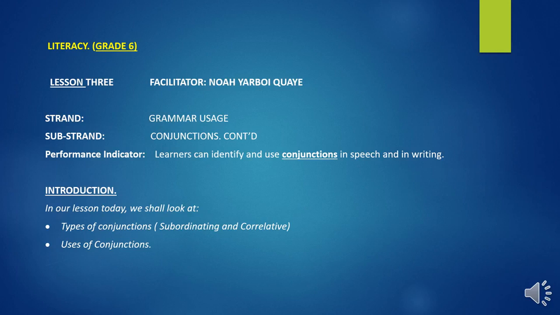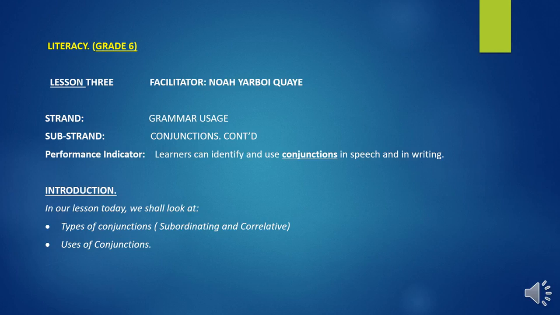Another example is: The teacher came to school, but he didn't teach. We have a coordinating conjunction, "but," joining "the teacher came to school" and "he did not teach." Take note that there are basically seven coordinating conjunctions, the FANBOYS: for, and, nor, but, or, yet, and so.